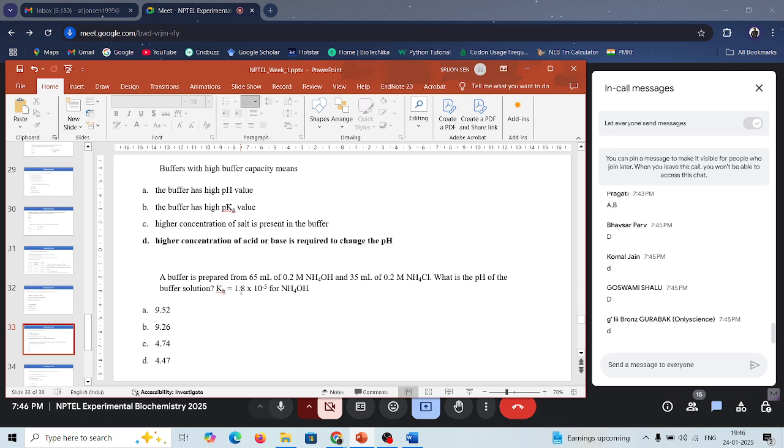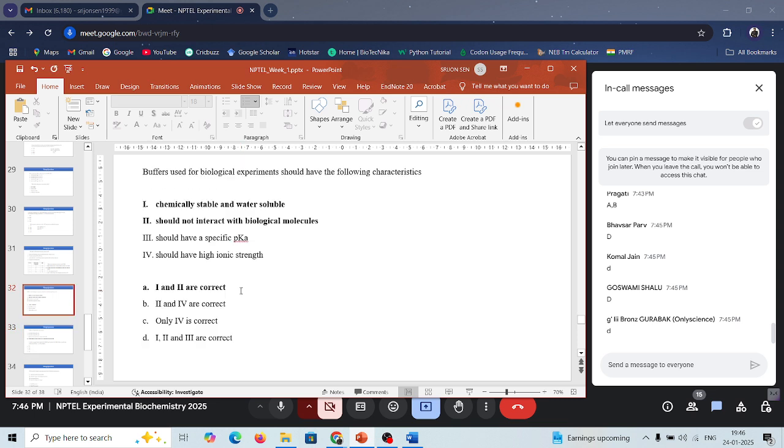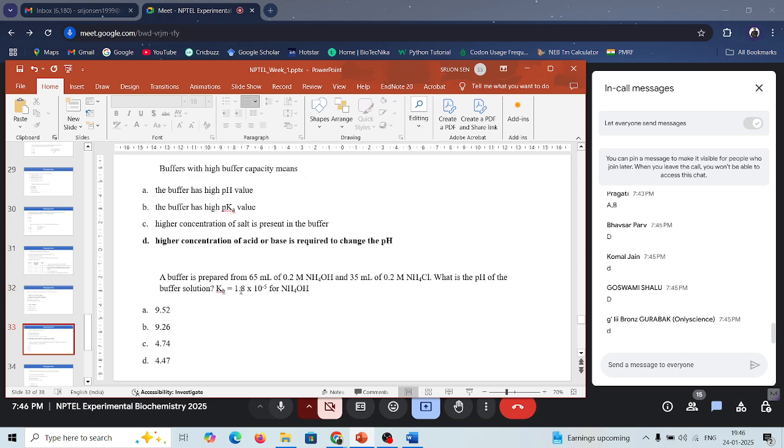This question can also be done in a similar manner like the researcher question, where the person added 1.6 grams of NaOH. So just you people do the calculations and let me know the answer.